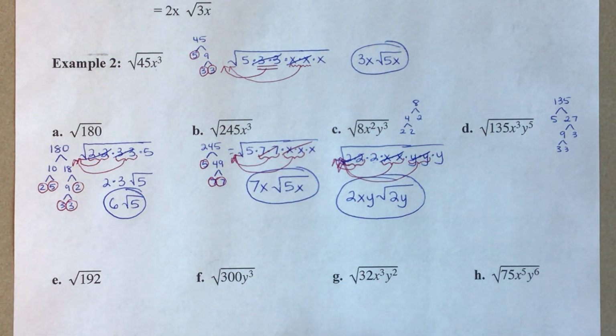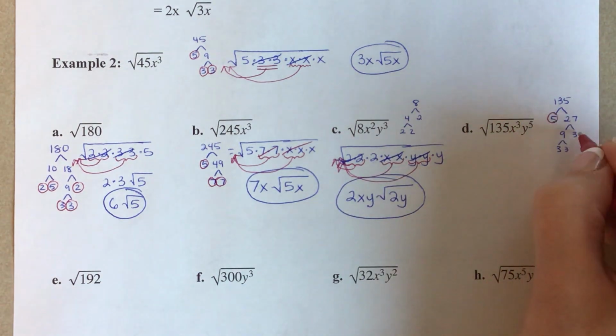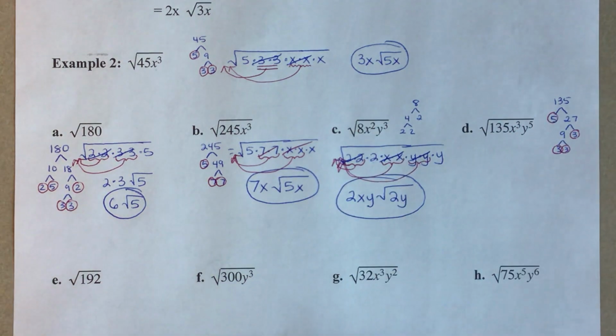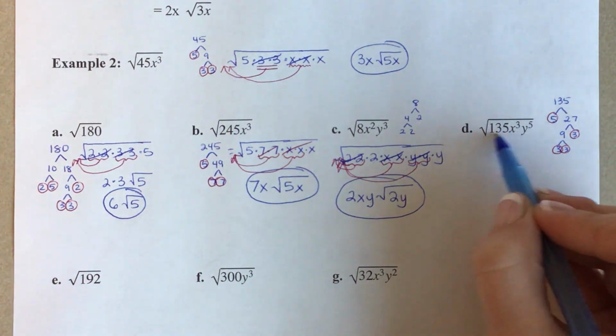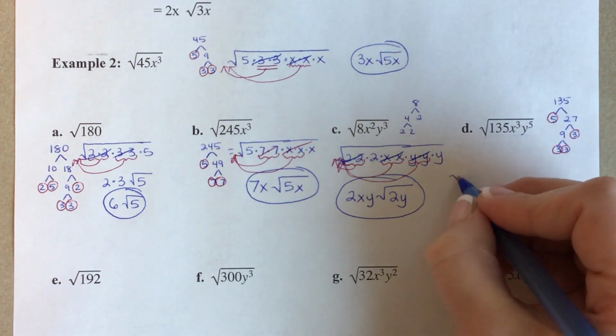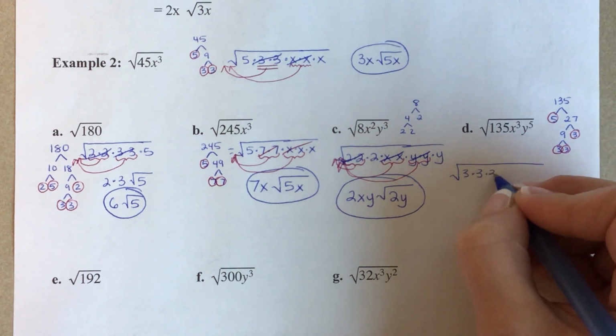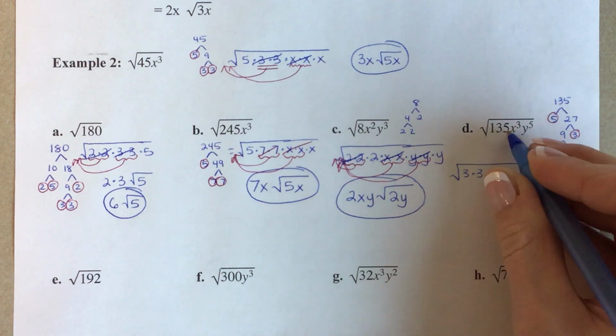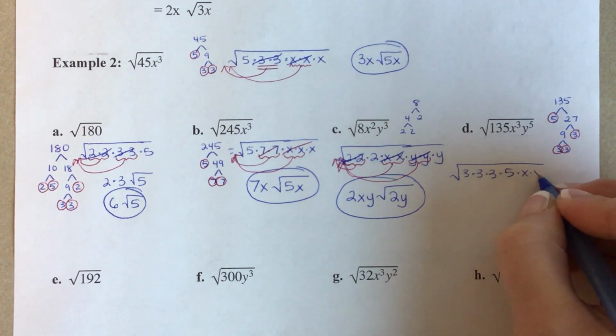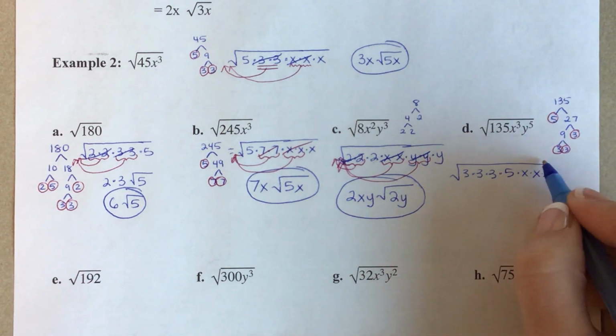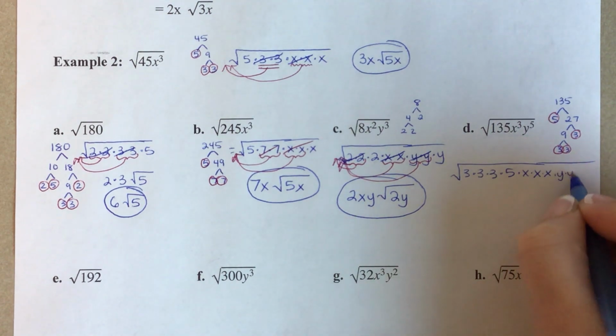So my prime factors, my ends of my factor tree, are 5, 3, 3, and 3. So now let's expand this radical out. So this is going to be 3 times 3 times 3 times 5, and then x times x times x, and then 5 y's. So times y, 2, 3, 4, I'm running out of space, 5.